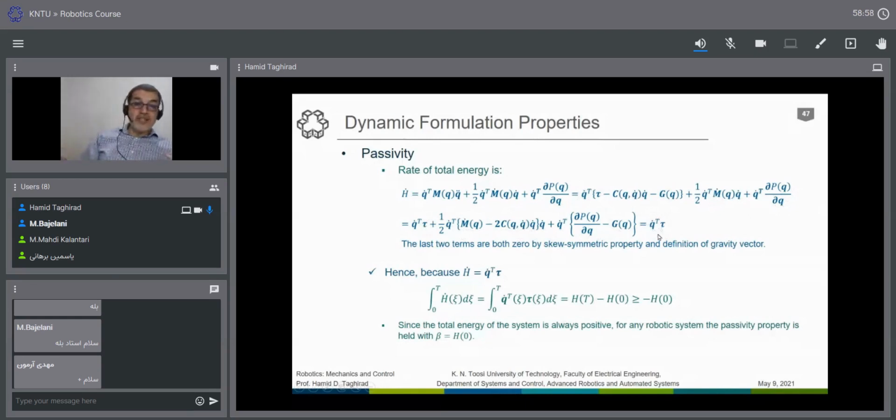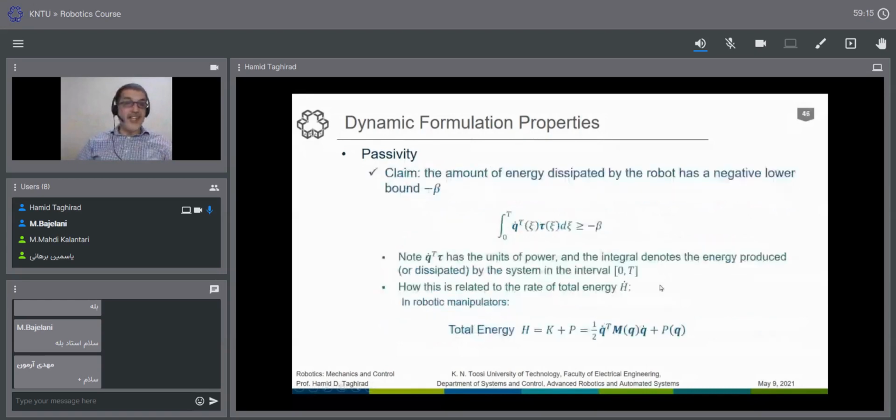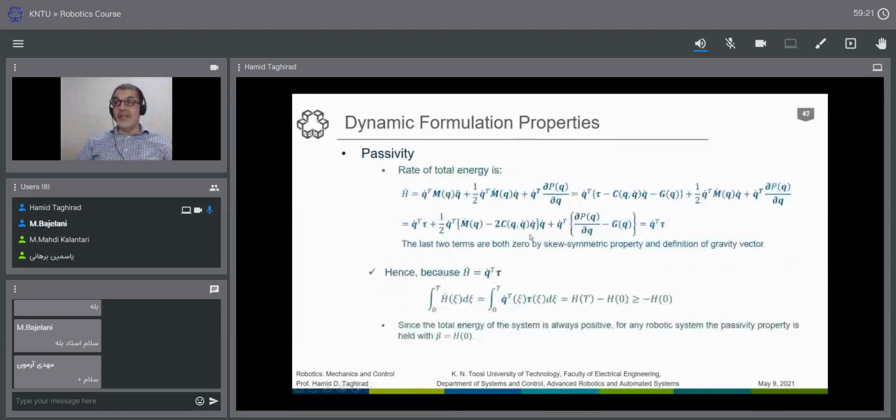This can be found by the physical concept of the system, that this is the power of the system. The power of the system is the derivative of the total energy of the system. But mathematically, this comes true by using the skew symmetricity property.